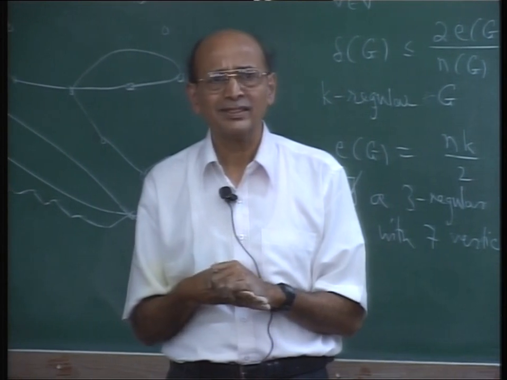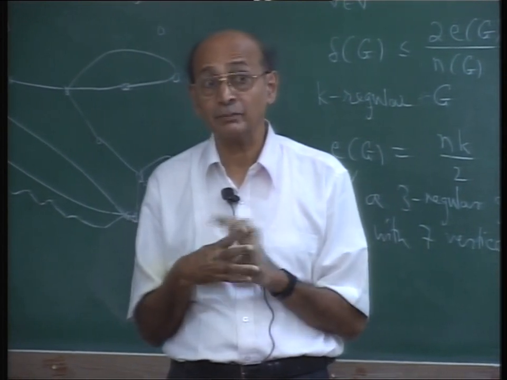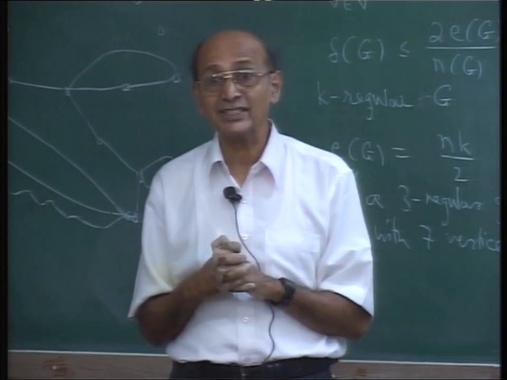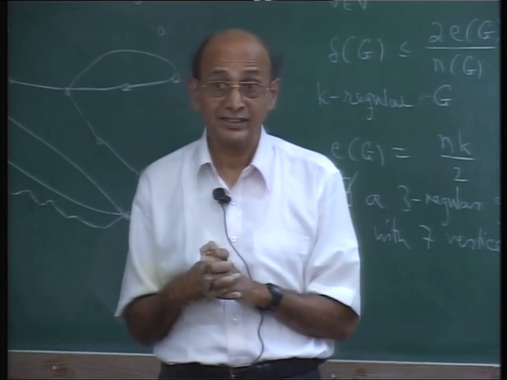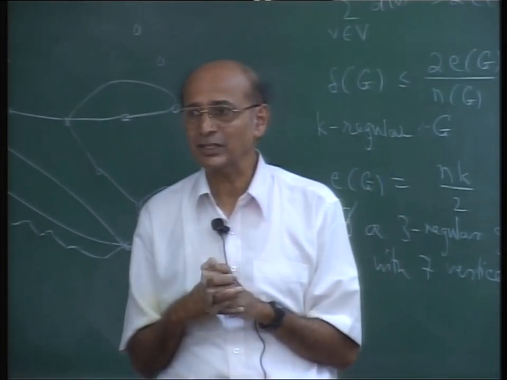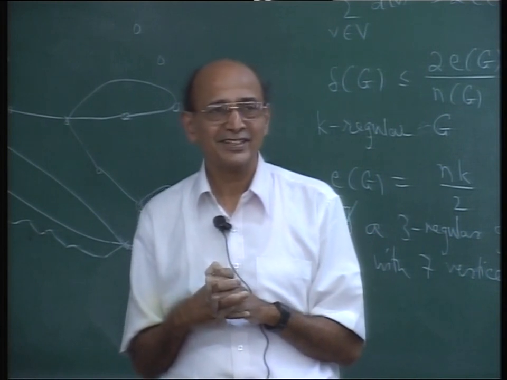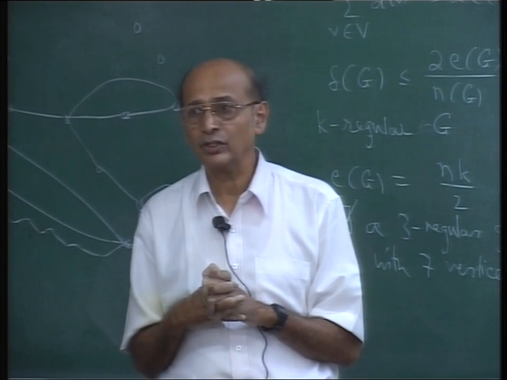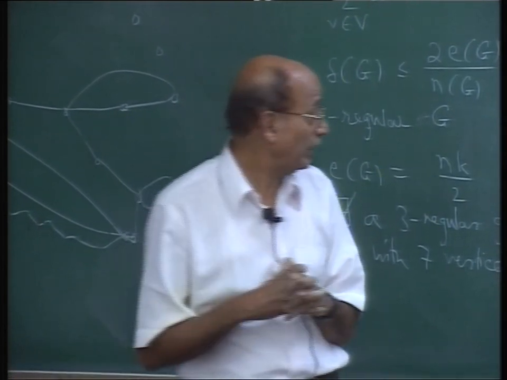For example, I can tell you that Petersen graph has no 7 cycles, but it does have 6 cycles, 8 cycles, 9 cycles. There is no 10 cycle, but it does have cycles of length 6, 8 and 9. Out of these, how many are what we call induced?